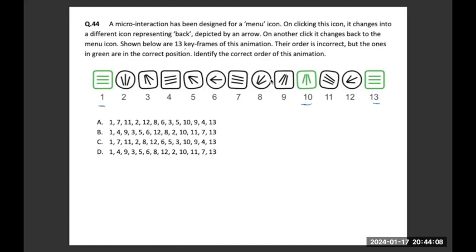Now, if you observe the options very carefully, in all four it's either 1, 7 or 1, 4. So 7 is here and 4 is here.